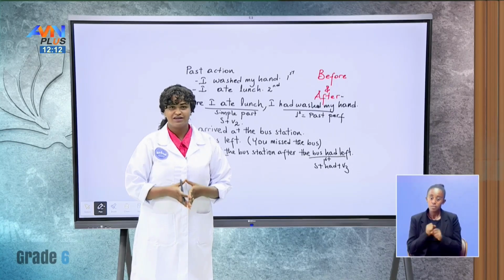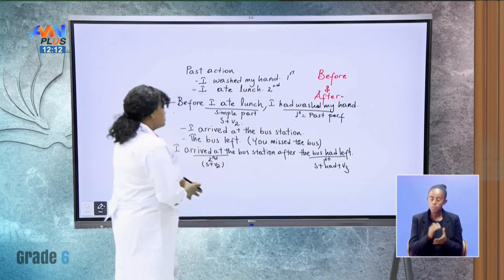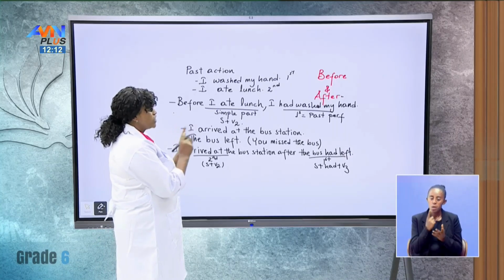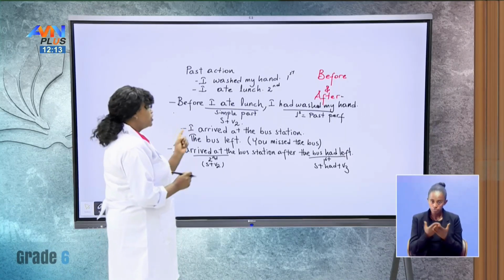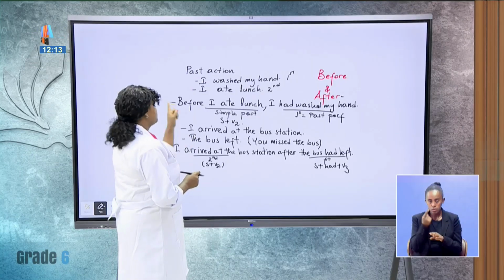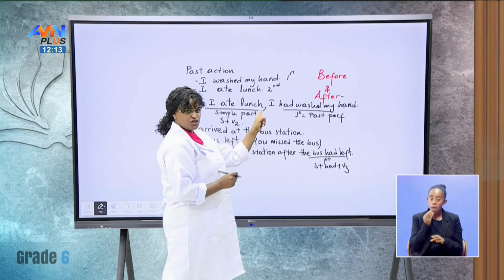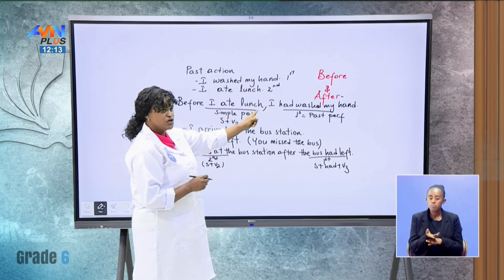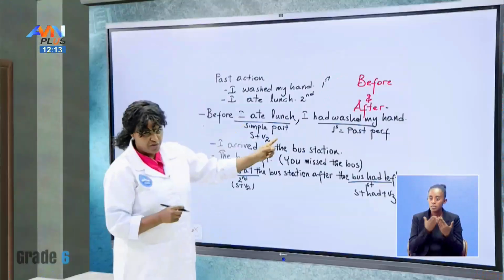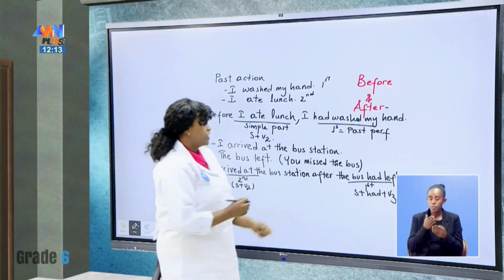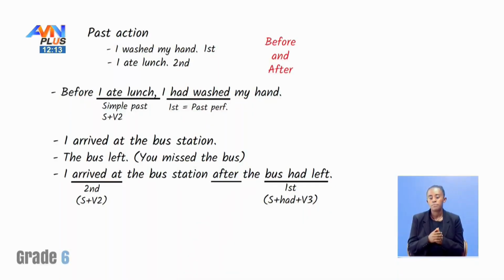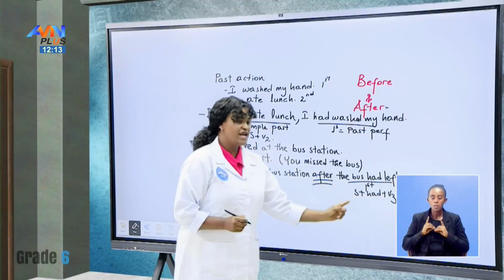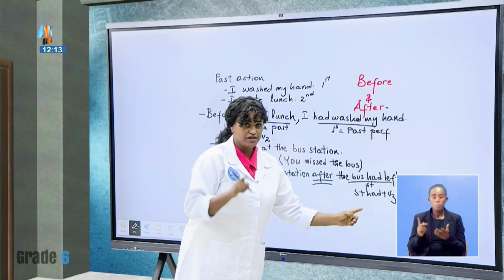Clear? Good. Let me give you one more thing when we use before and after. Okay? When you use before, look at this sentence. Before I ate lunch. After before, what tense do we use? Simple past. Let's come to after here. After the bus had left. After, then past perfect. That is always.